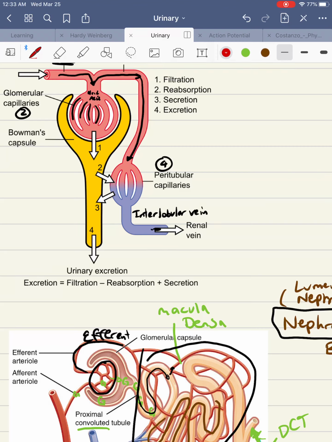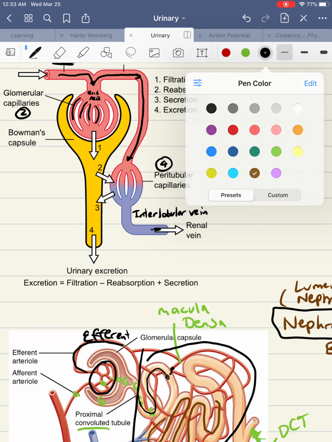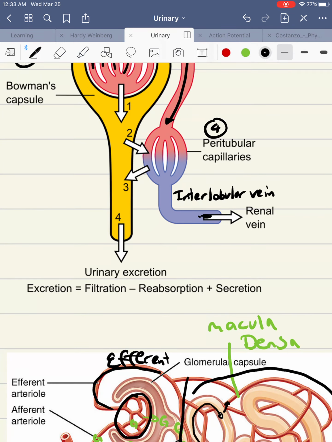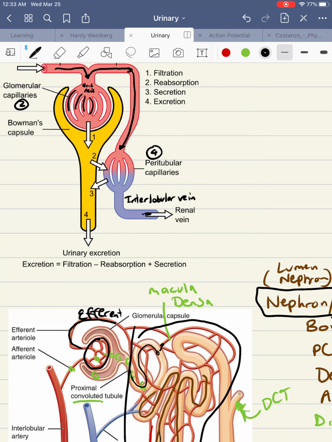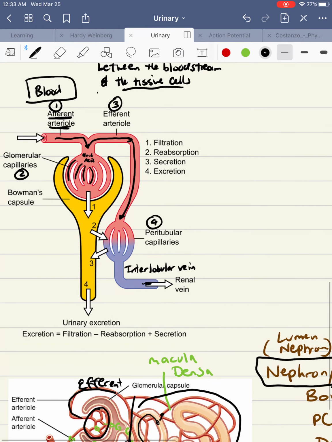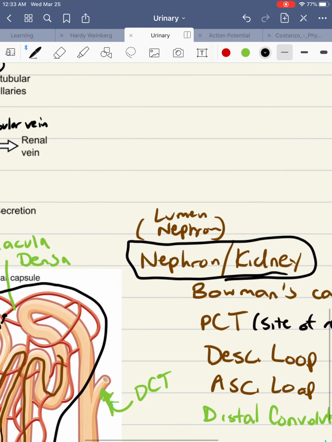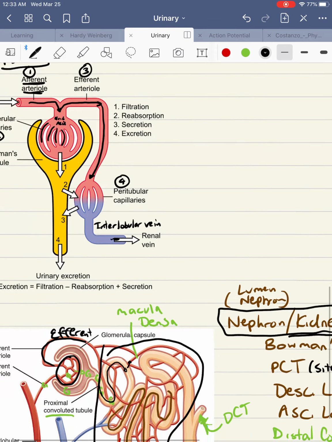There are a few terms I want to drive home here, and they're very specific. I want to first talk about filtration. There are two environments again: either you have the bloodstream or the nephron.